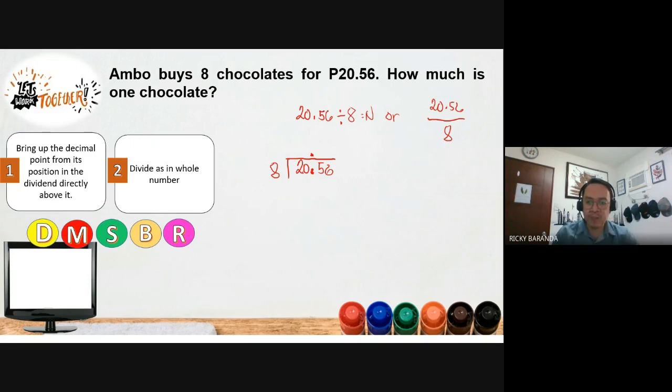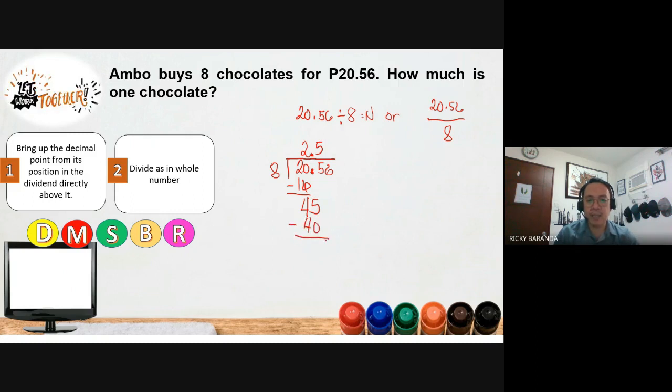So let's divide. 20 divided by 8 is equal to 2. Then M for multiply, 2 times 8 is equal to 16. Then S for subtract. 20 minus 16 is 4. Then go for B. B for bring down 5. Then R repeat. So divide 45 divided by 8, that will be 5. 5 times 8, that will be 40.